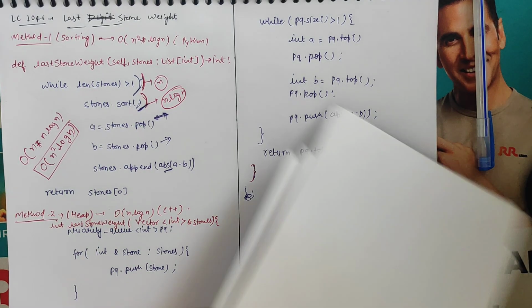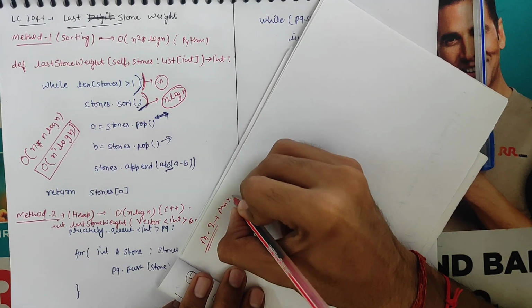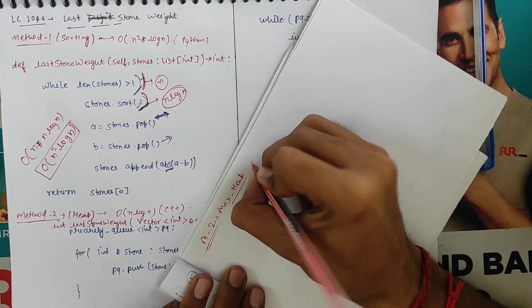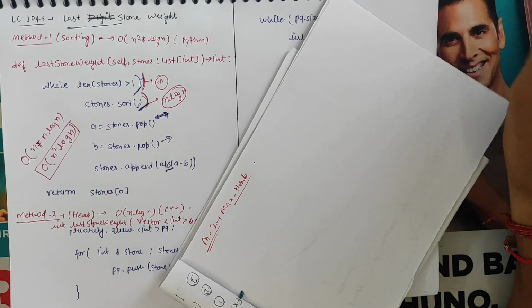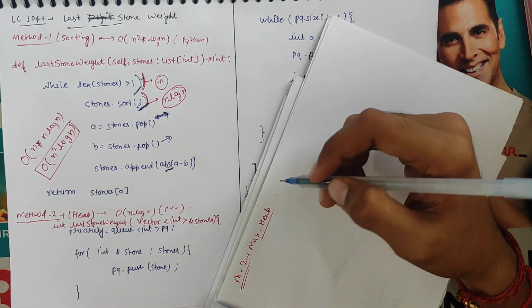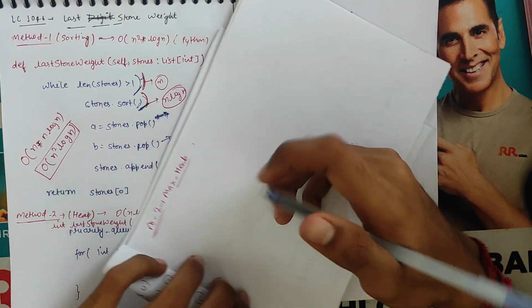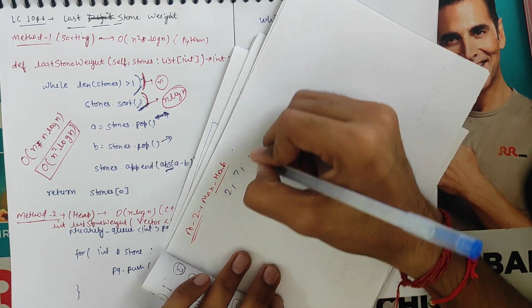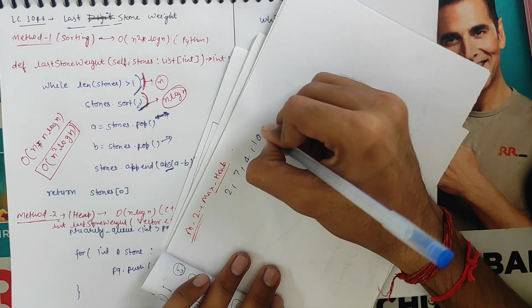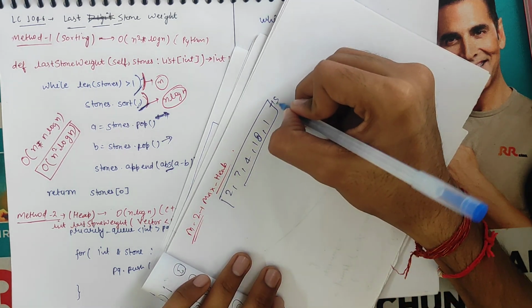So method 2, max heap. We are given the example 2, 7, 4, 1, 8, 1. This is our stone set.